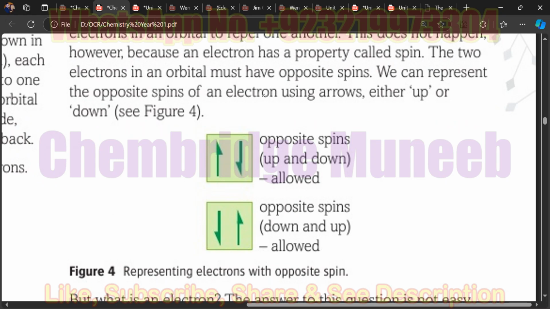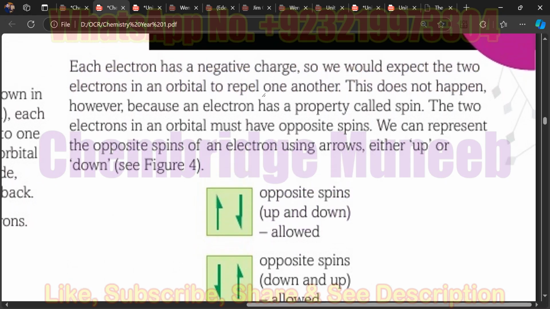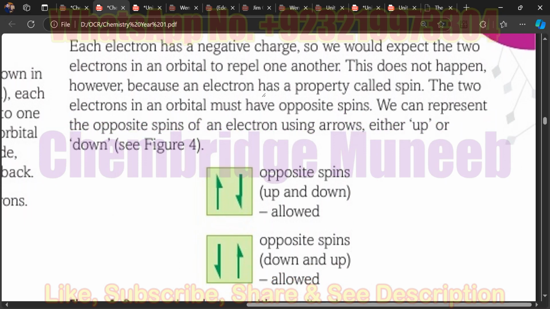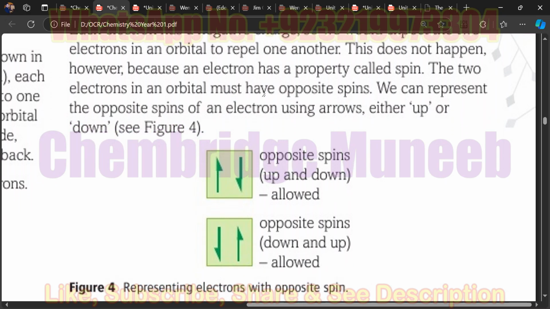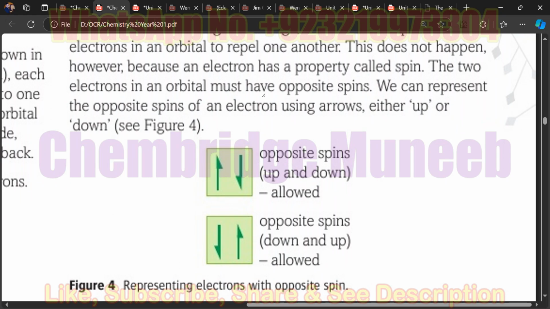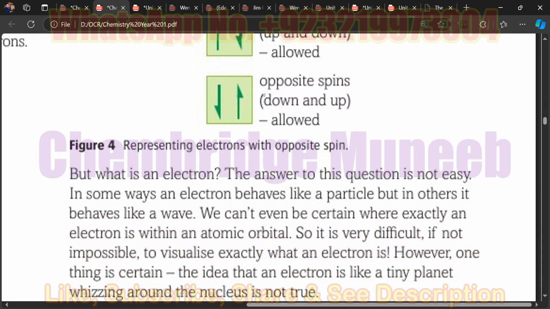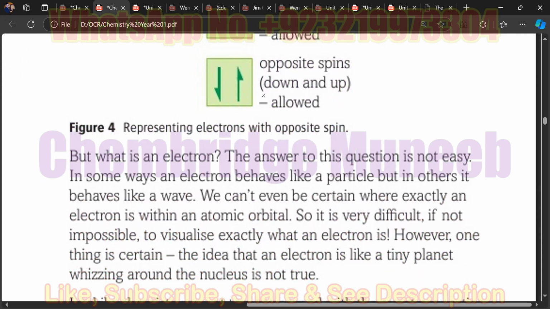What do they represent? The different directions of the electrons. And what are those directions? Opposite. Direction in terms of what? Up and down.